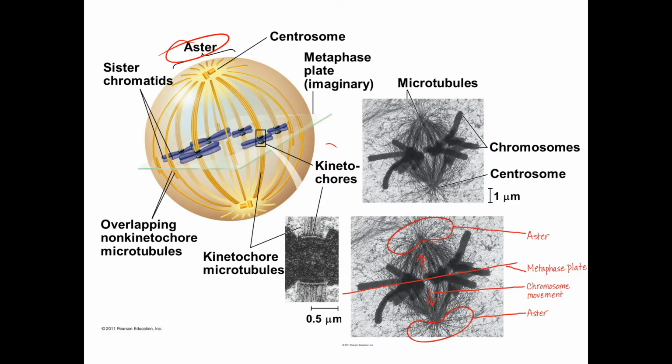These individual sister chromatids are about to be pulled to opposite ends or poles of the cell.